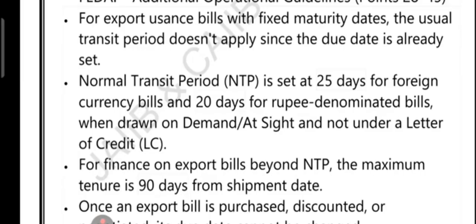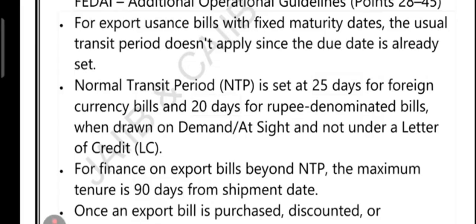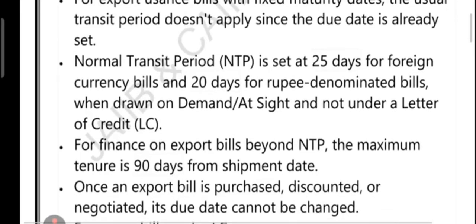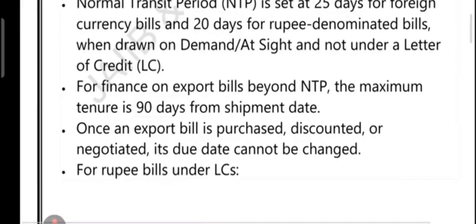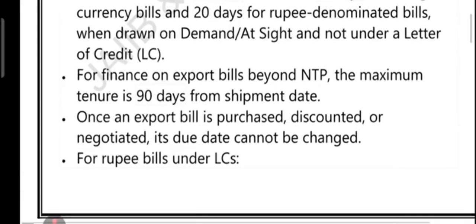However, for demand and sight bills, normal transit period is 25 days for foreign currency bills and 20 days for rupee bills. And if a bank gives finance beyond this transit period, the maximum allowed is 90 days from the shipment date. So for finance on an export bill beyond NTP, maximum tenure is 90 days.